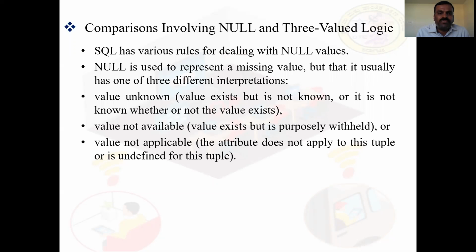Or value not applicable means the attribute does not apply to this tuple or is undefined for this tuple. So there are three different interpretations of the word null: value unknown, value not available, and value not applicable.